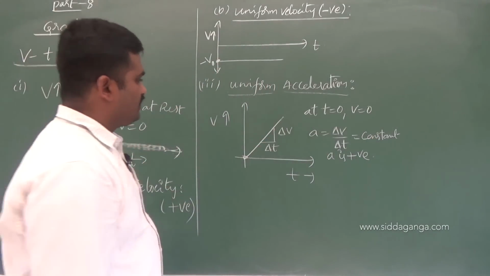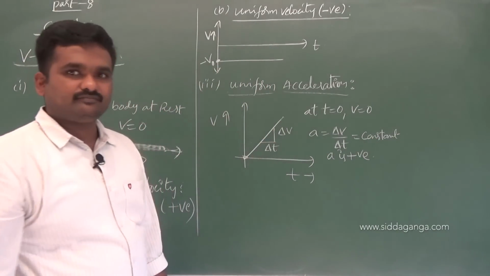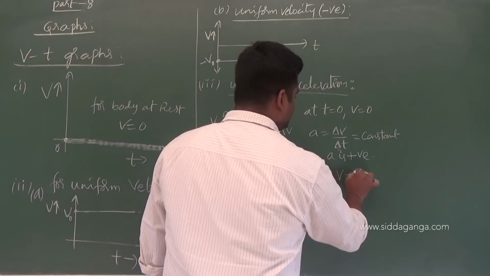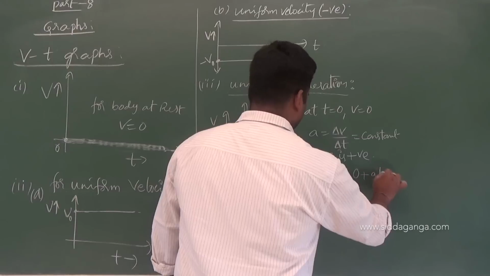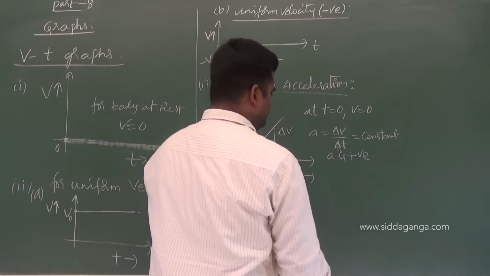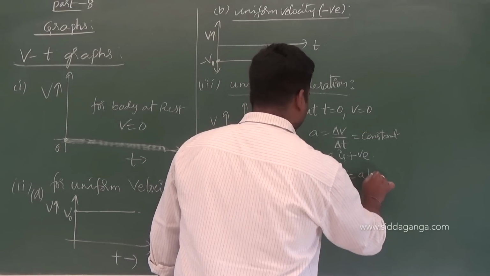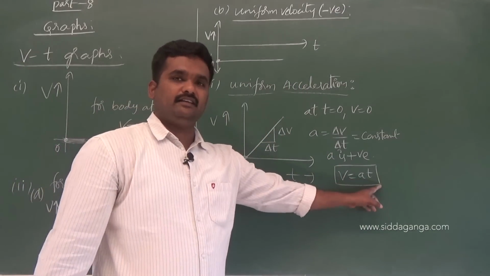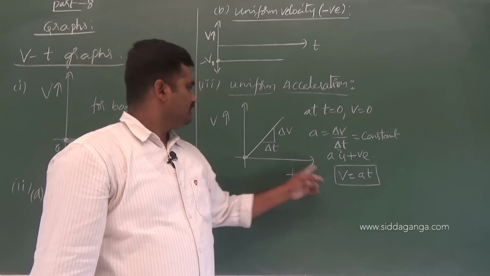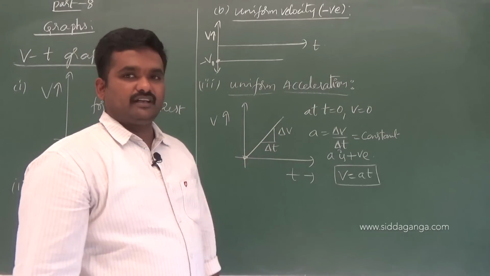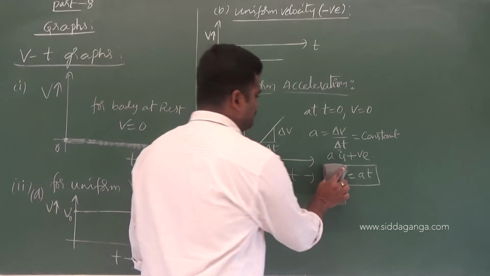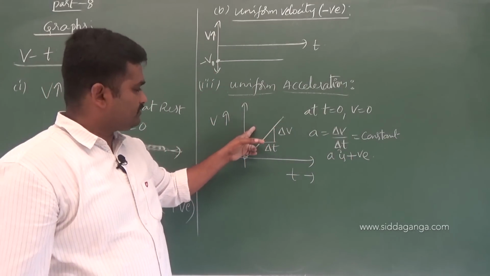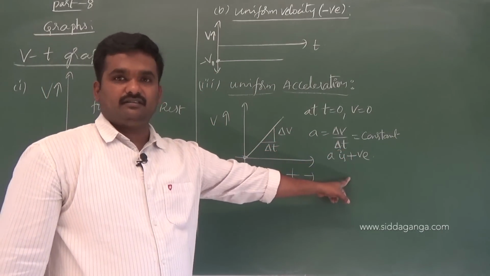What is the equation corresponding to this motion? V equals initial velocity, which is 0, plus AT. Or directly I can write V equals AT. Remember this. V equals AT is the equation you can write for the velocity time graph at any point. Slope gives acceleration.